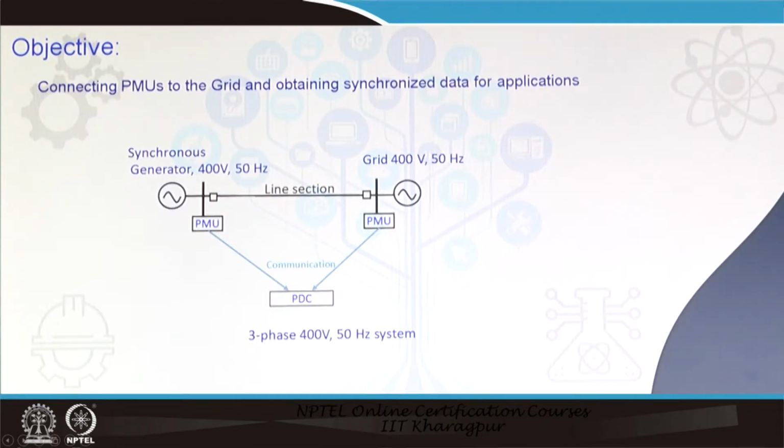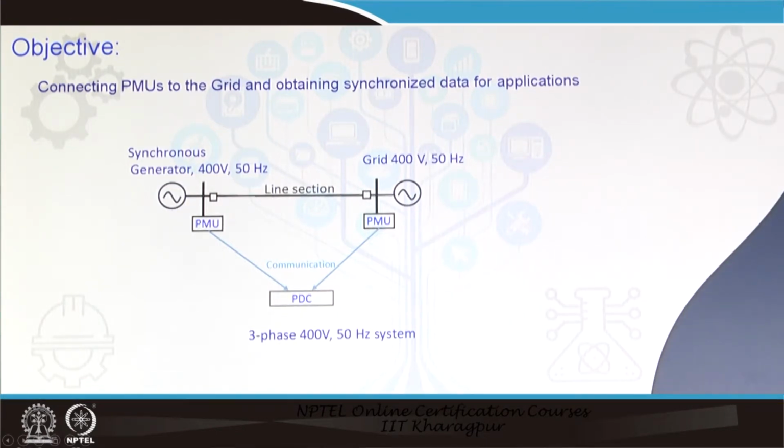These two PMUs are connected via the local area network to our PDC, which happens to be a PC, and this PDC collects data from both the PMUs simultaneously over the local area network. Through that we can continuously monitor the two bus voltages and currents using this PMU data.